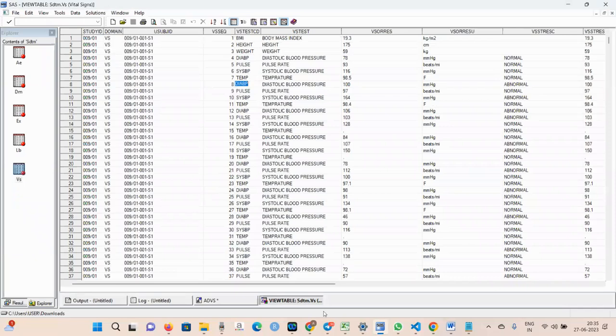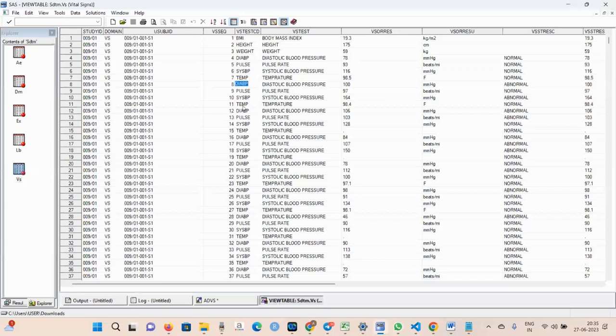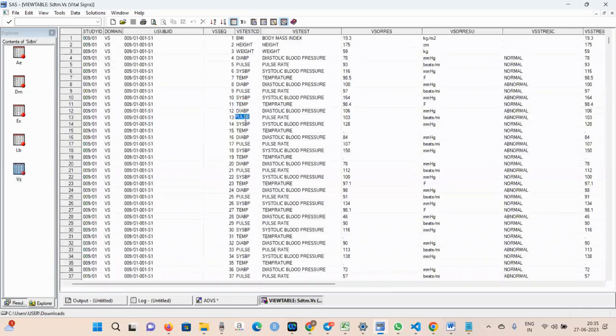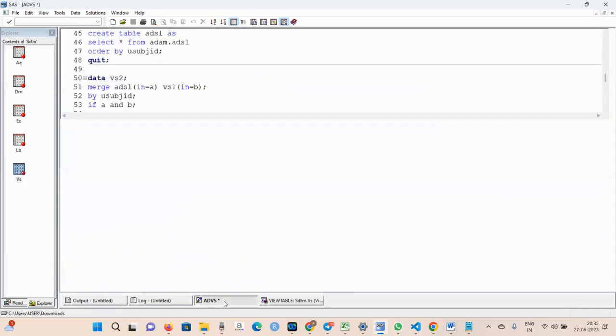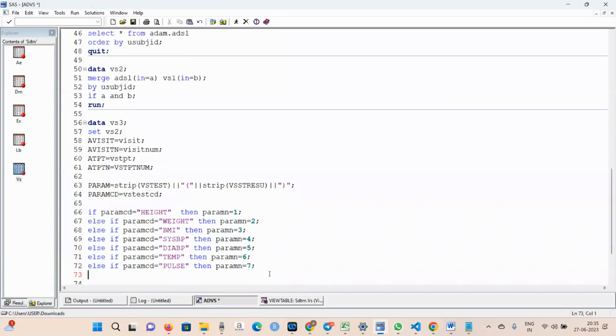So the next one would be after the BP, 10. It would be 6. So the last one would be pulse. So like that, you give the number.